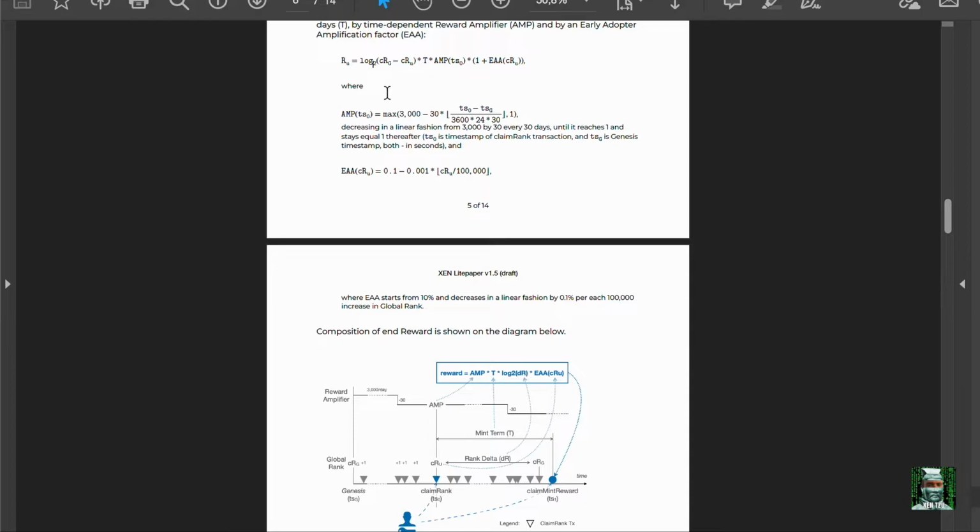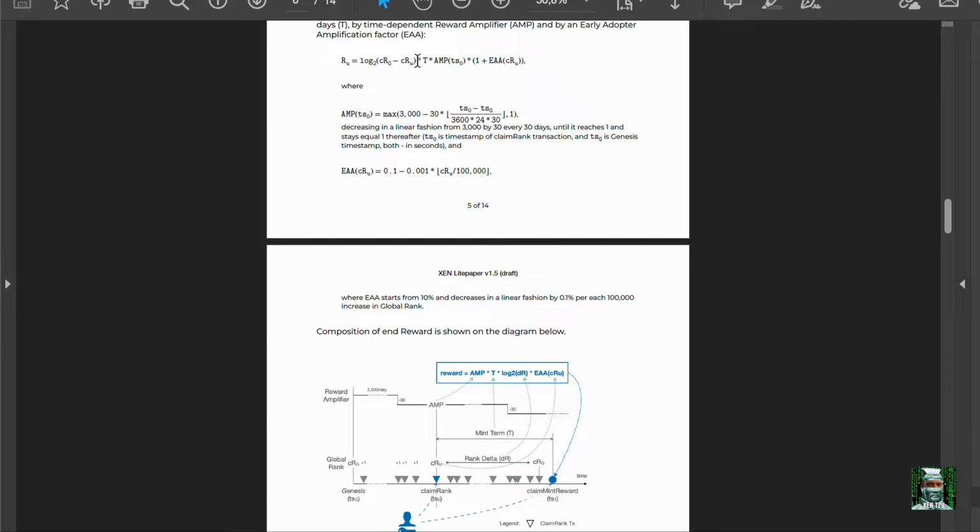Everybody's incentivized to make this network spread. So it's logarithmic, right? So it's inflationary in the beginning and it becomes disinflationary with time as adoption moves on.